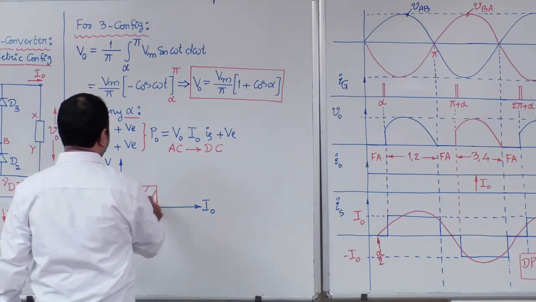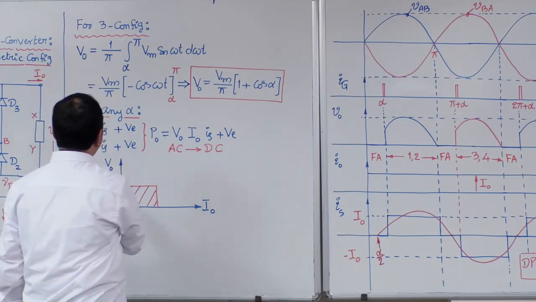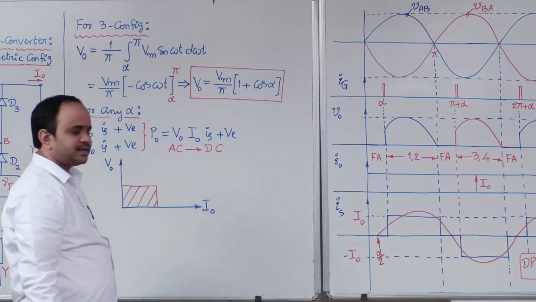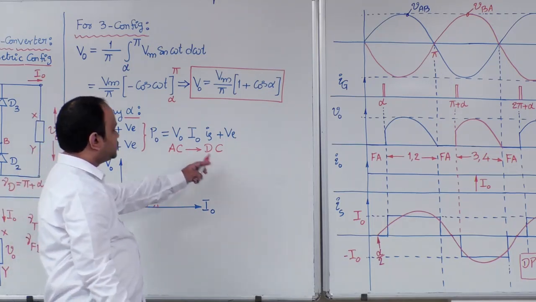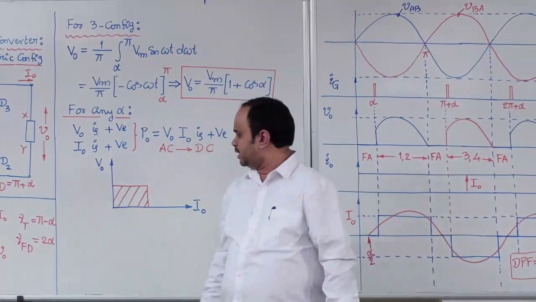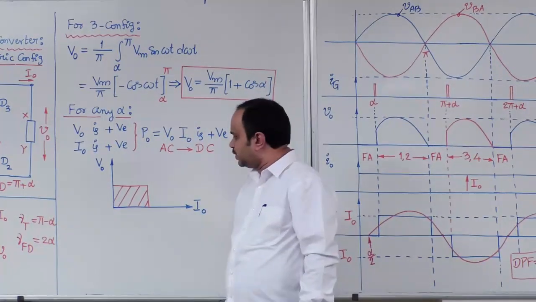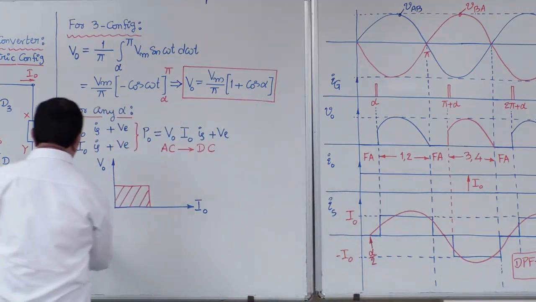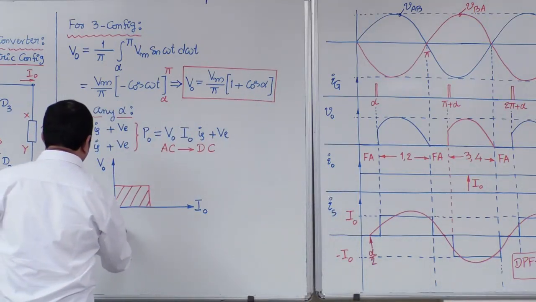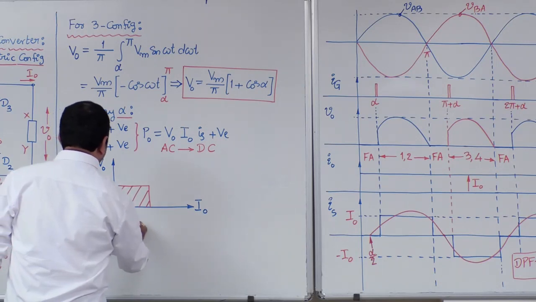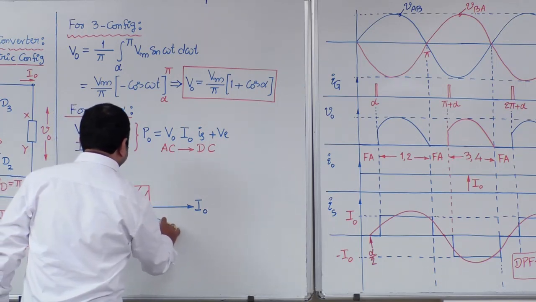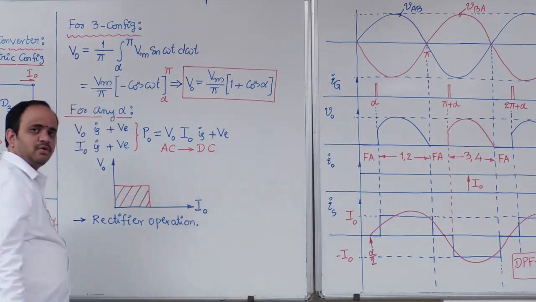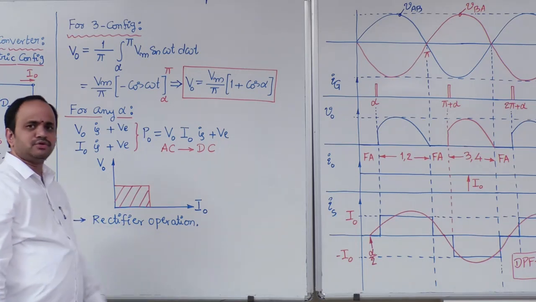So for any alpha, V0 is positive and I0 is also positive. Hence, the power flow direction is always from the AC source to the DC load. Therefore, we can conclude that the semi-converter circuit will always give rectifier operation only.